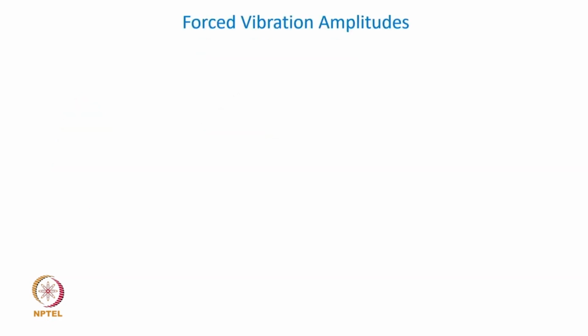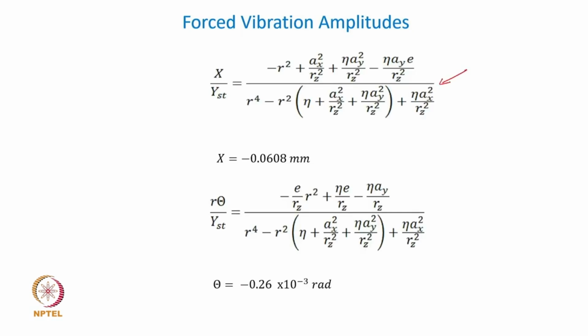Okay, now similarly the forced vibration amplitudes, again you can use the expressions that we saw last time, and that basically results by appropriate substitution of all of these parameters which you can find in the example given. It turns out to be amplitudes are minus 0.0608 millimeters, and the pitch amplitude is given by this. So, these are all just numeric values which are straightforward to obtain from the expressions.